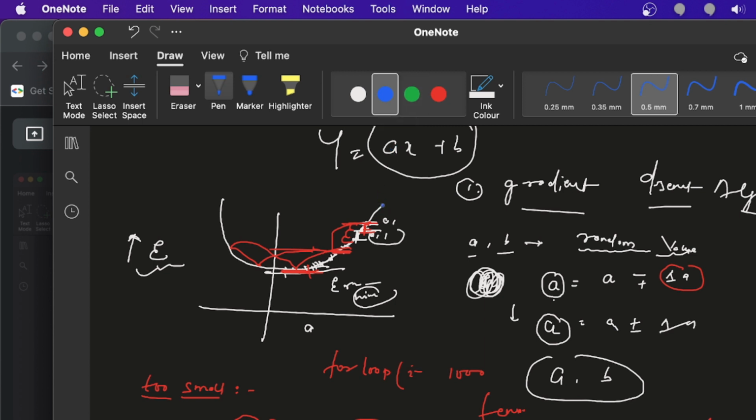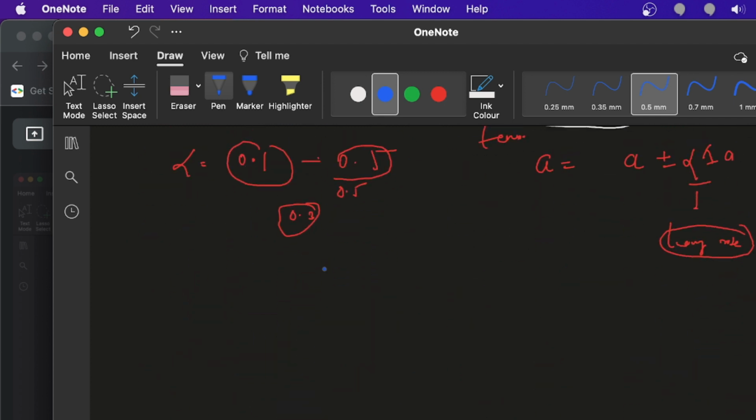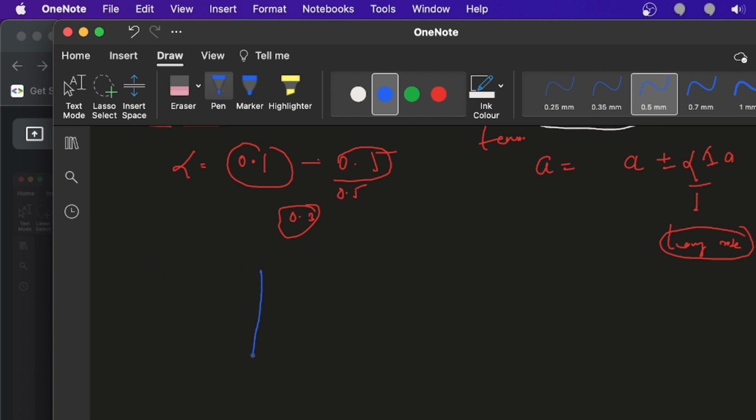Second is what? Not every time is it good to jump to this minimum position. Suppose you are going to create a machine learning model, and guys, you are here and you are decreasing the value.